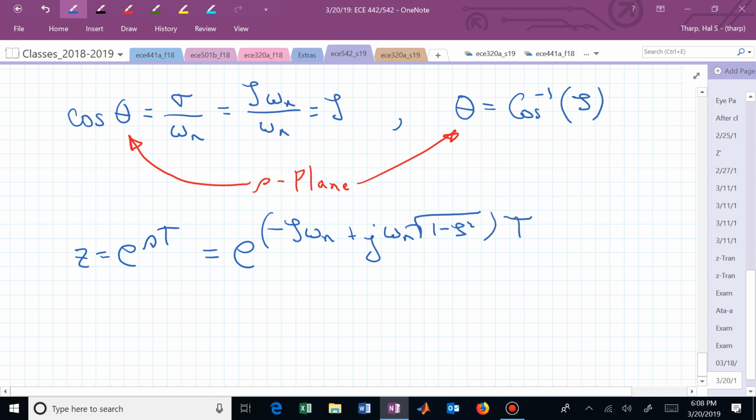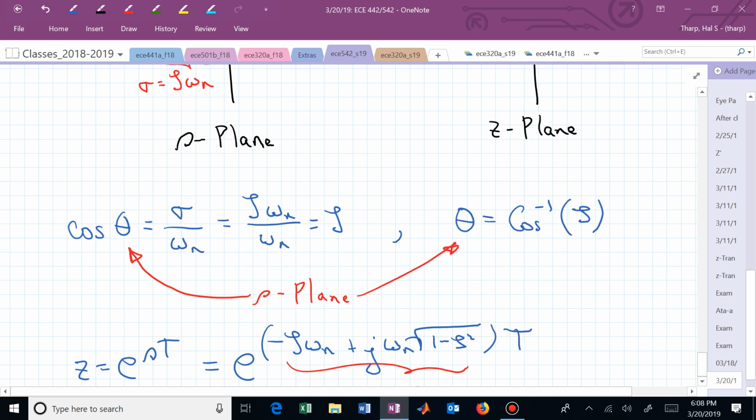And all of that is multiplied by T. This is just another way to parameterize S, where S is sitting at a point in the complex plane at minus zeta omega sub n plus j omega sub n square root of 1 minus zeta squared.